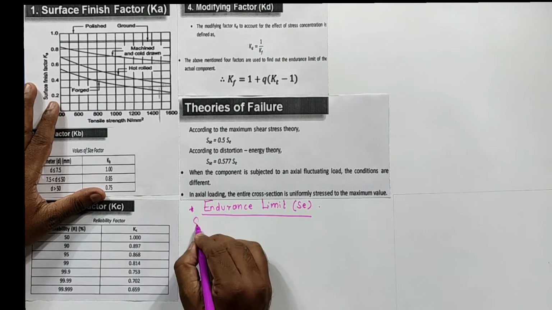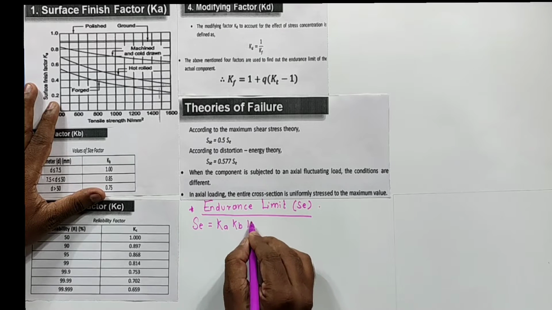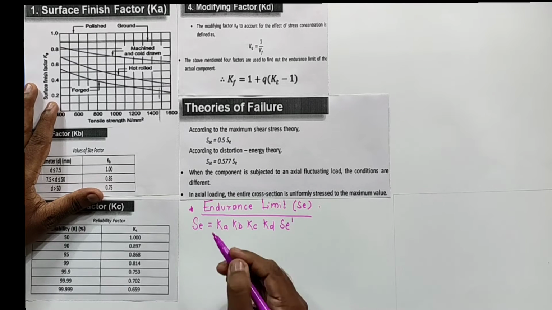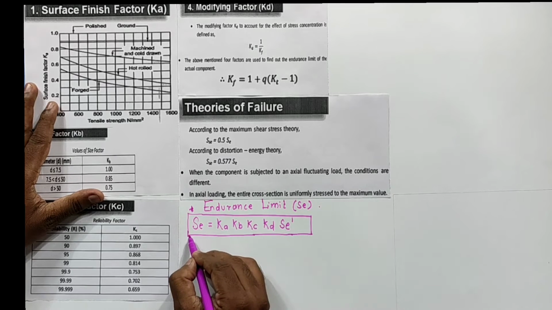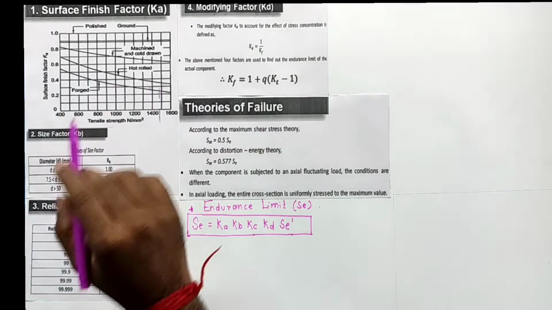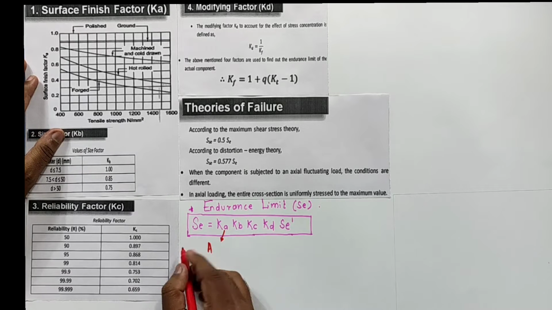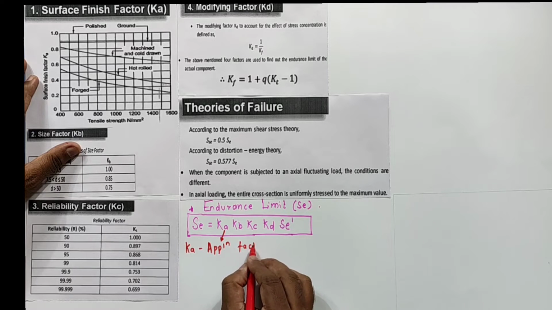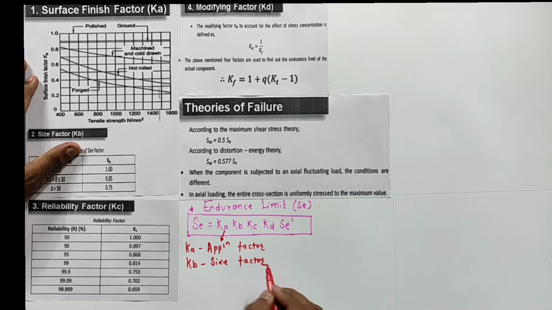So now basically endurance strength is defined by KA, KB, KC, KD, SE dash. These are the factors, and I'll tell you how they perform their role. First, KA, application factor or service factor. Then KB, size factor according to the size of the component.